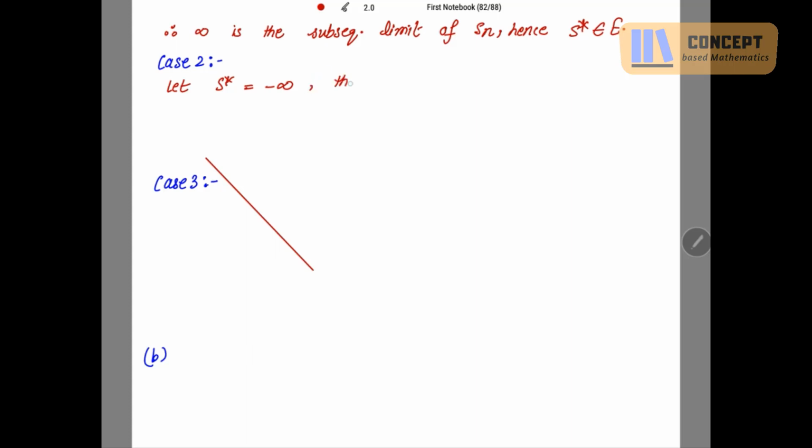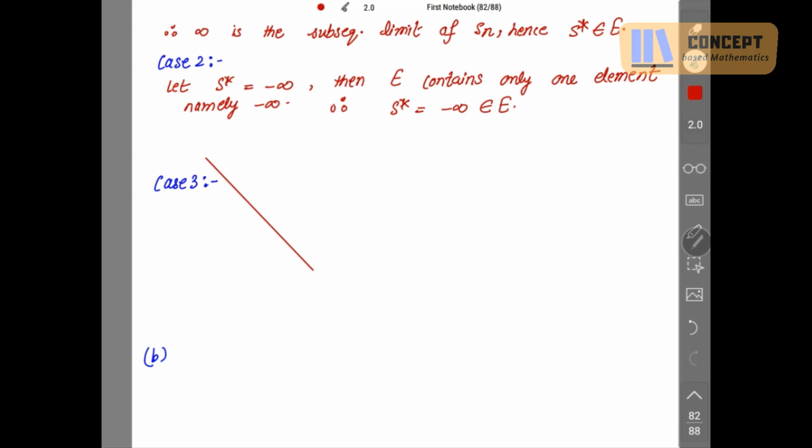So we say that E contains only one element, because minus infinity itself is the supremum element. So what can we think about the other elements? They cannot exist, namely minus infinity. Clear this point? So therefore S star equal to minus infinity belongs to E. Clear? The second case is also clear.